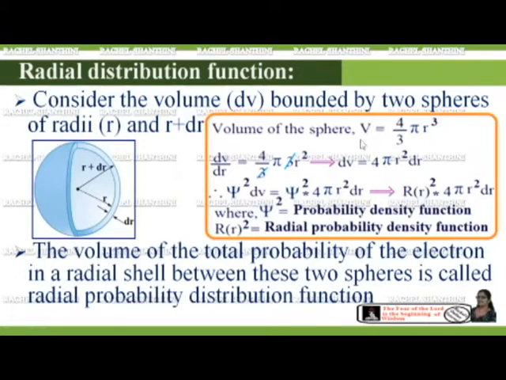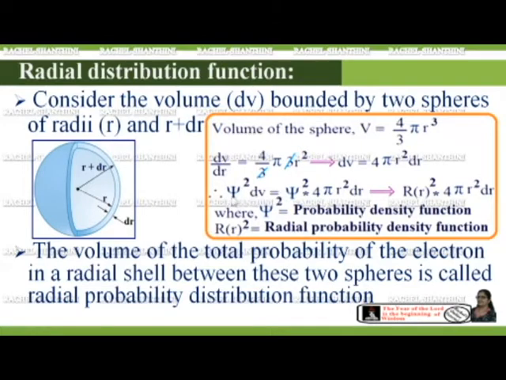If we differentiate this volume with respect to the radius, we get dV by dr equal to 4/3 pi 3r square. When we differentiate r cube, it becomes 3r square. Now we can cancel the 3 in the numerator and the denominator. So we can write this expression as dV equal to 4 pi r square dr.